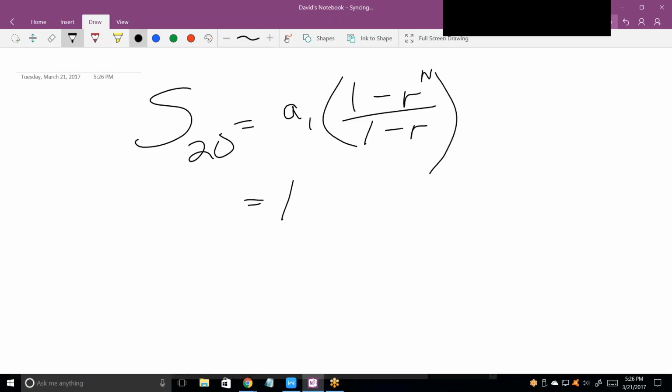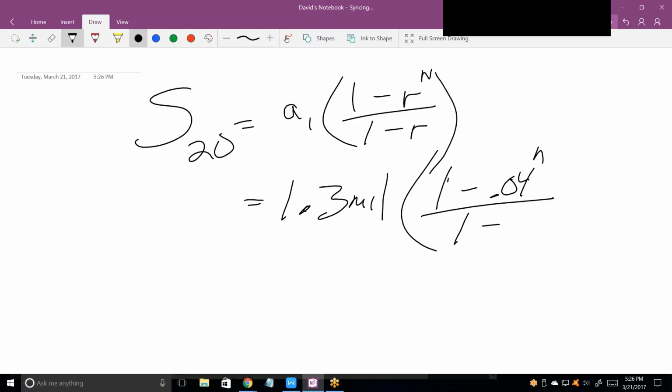So that's where she got her 1.3 mil, the first term, times 1 minus 0.04 to the nth over 1 minus 0.04. And that number is the one she came up with, about 38 mil.